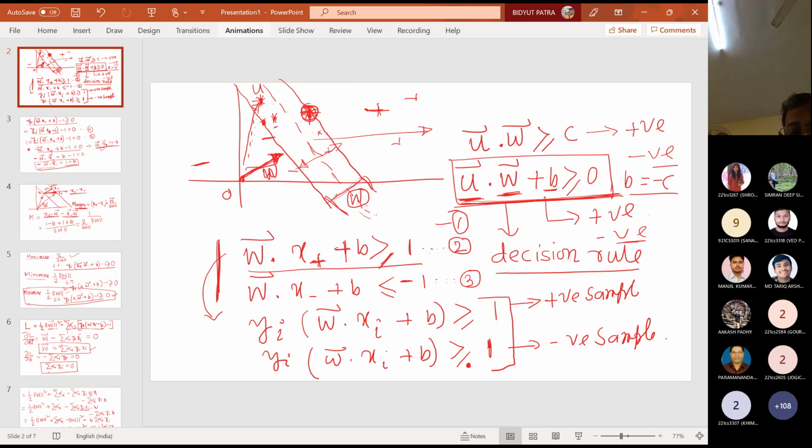So directly, if we get the value of W, whatever the unknown object is, we multiply it with W, where W is summation over alpha I yi xi. Then we should get the value of B, and then we can get the decision boundary. So in the next class I'll continue this part.